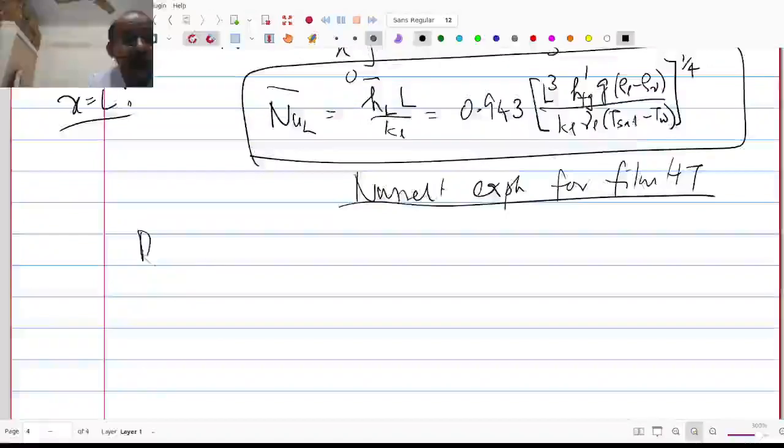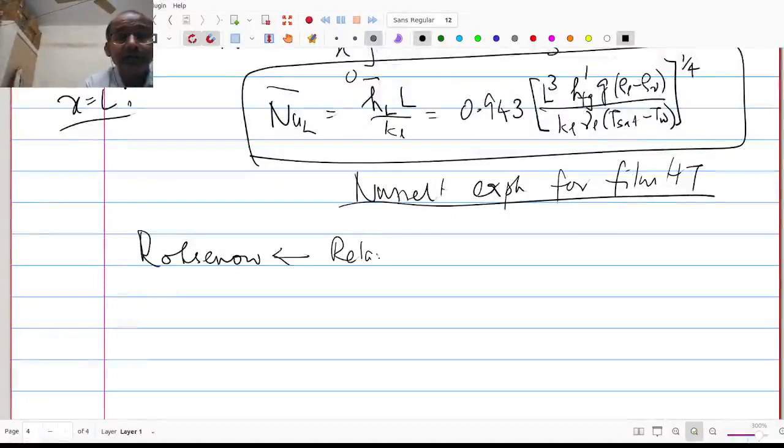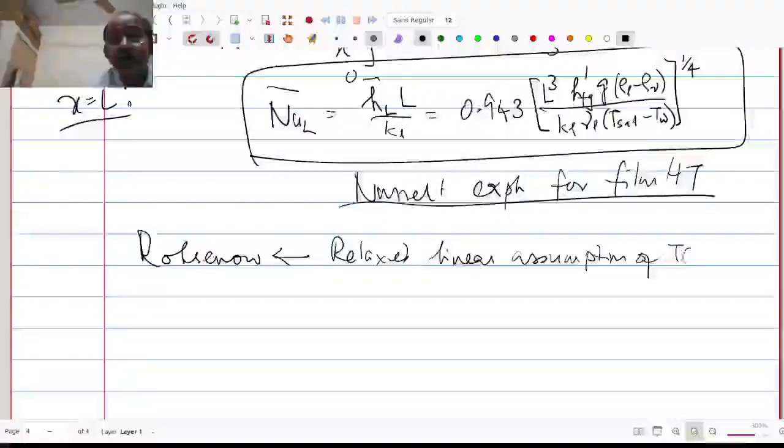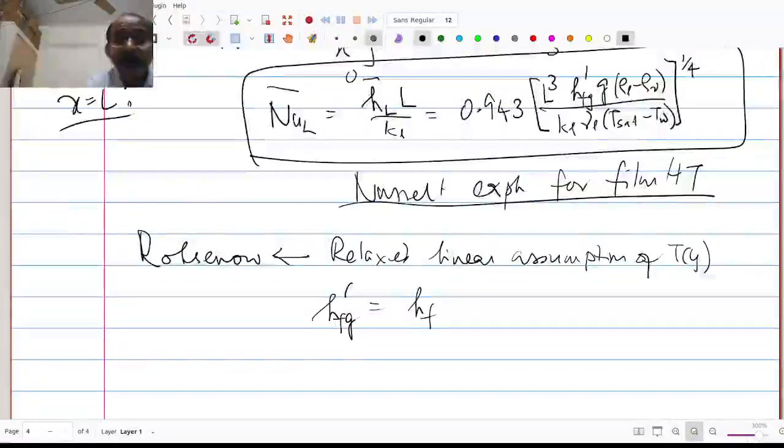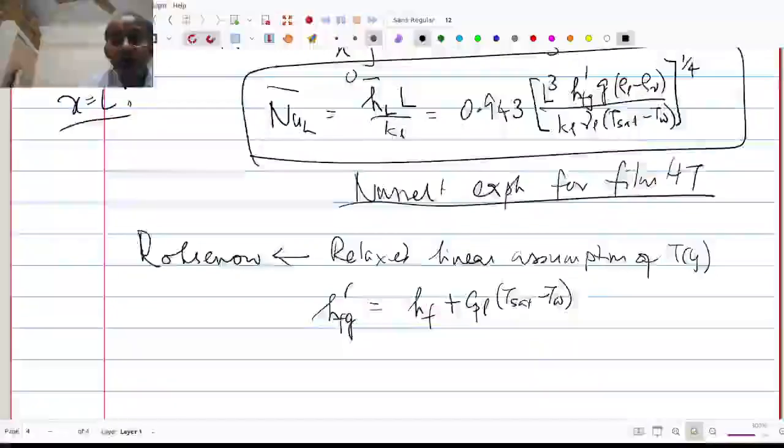So Rosenau relaxed the linear assumption of T of y, and then he got HFG prime as HFG plus CPL into Tsat minus Twall, multiplied by 0.68.